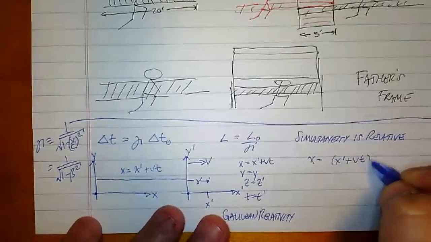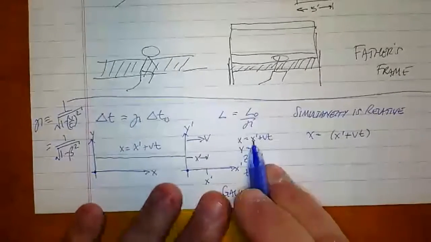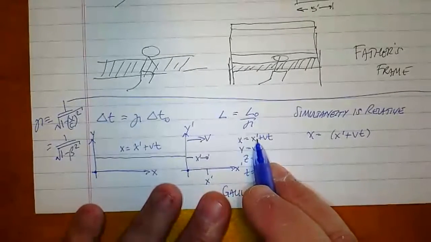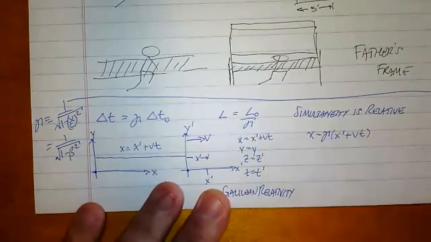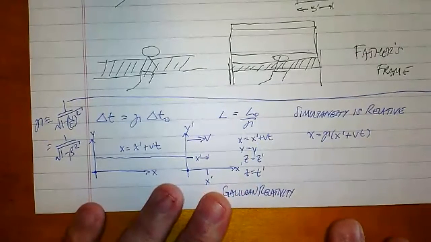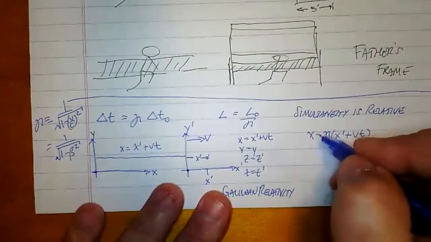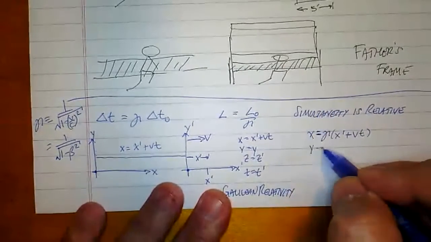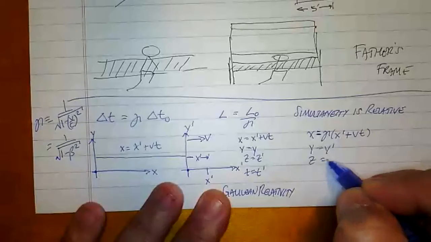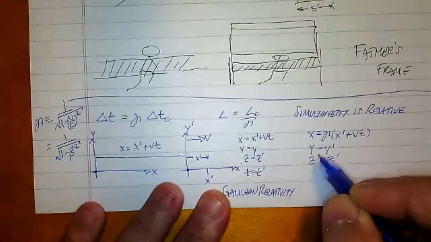That part looks pretty normal, right? That's just the normal x prime plus vt. Well, the difference is now in the Lorentz transformation, you have to put that gamma factor in there again. Remember, I told you how important the gamma factor was? This is why you just see it over and over and over again. But we still have y equals y prime. We still have z equals z prime. And here's the weird part.